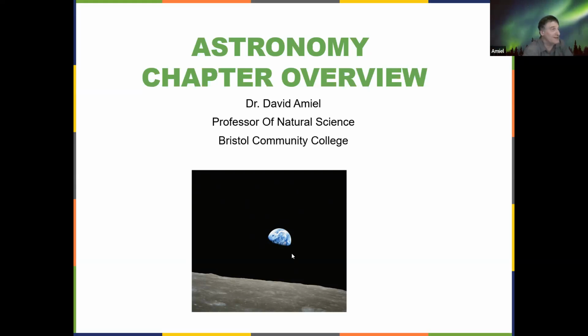Civilization first got to see Earth as a planet. And when we did that, that launched the modern environmentalist movement with this very iconic picture, one of the most published pictures of all time, Earthrise.